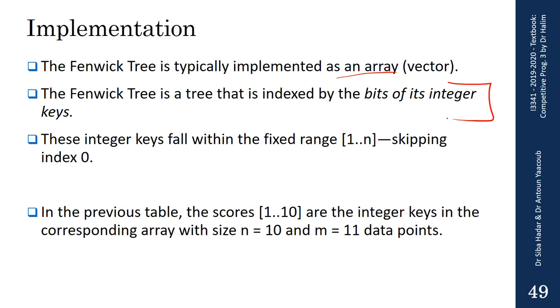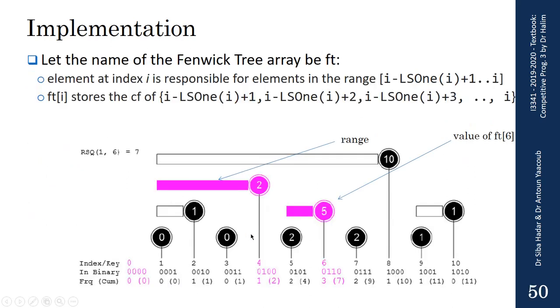The integers will fall within the range 1 to 10, and again we skip index 0. We have 11 data points, and the size would be equal to 10. The name of the Fenwick tree array will be ft. The trick is the index by the bits of its integer key.